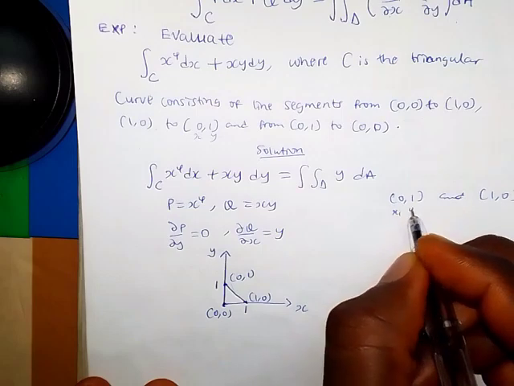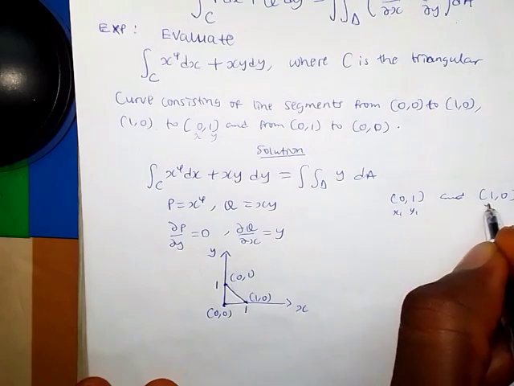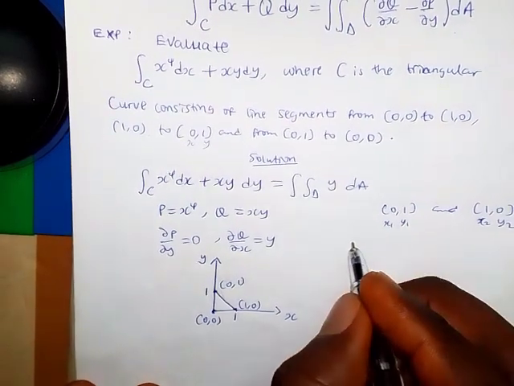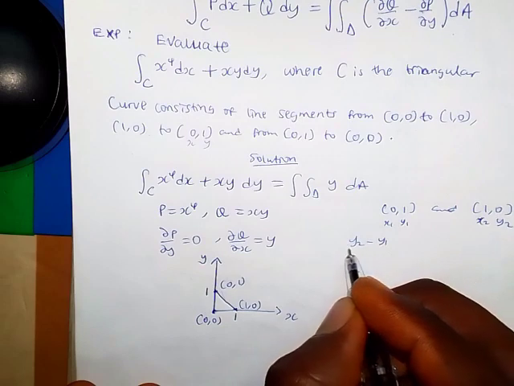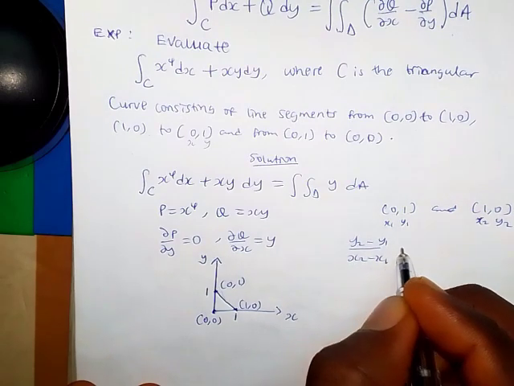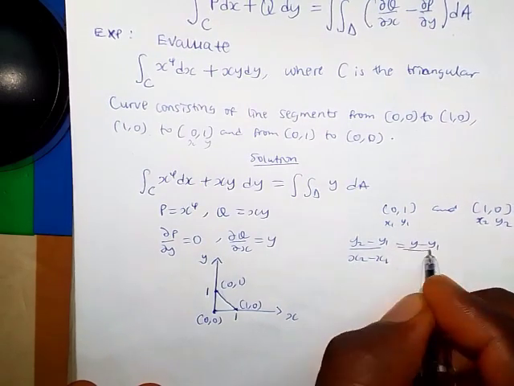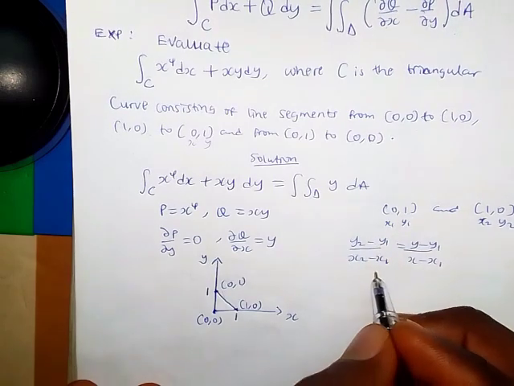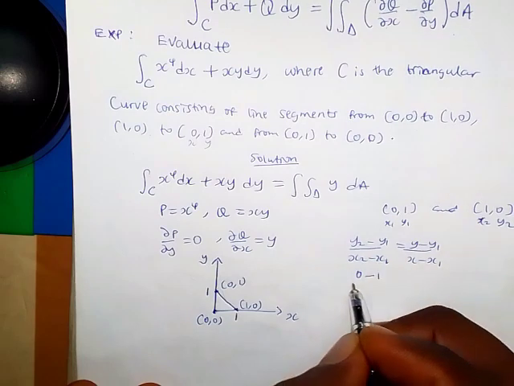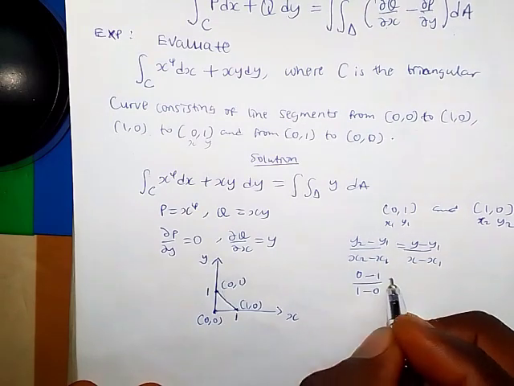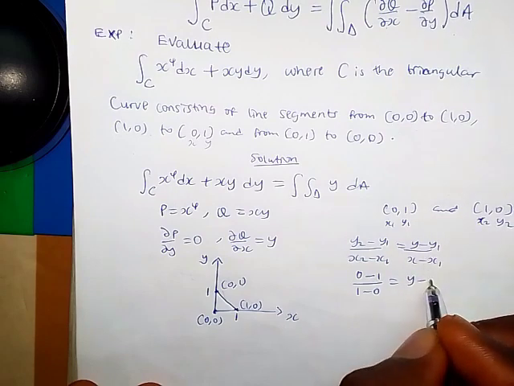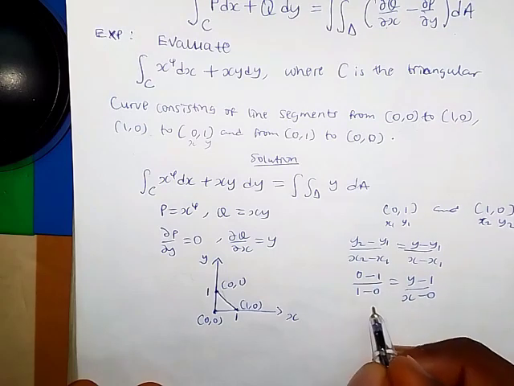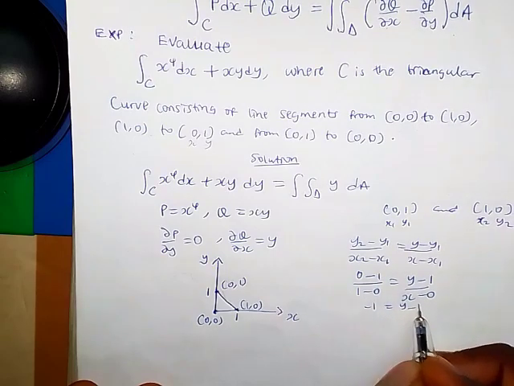We use the formula (y2 minus y1) over (x2 minus x1) equals (y minus y1) over (x minus x1). Plugging in, we have (0 minus 1) over (1 minus 0) equals (y minus 1) over (x minus 0), so minus 1 equals (y minus 1) over x.